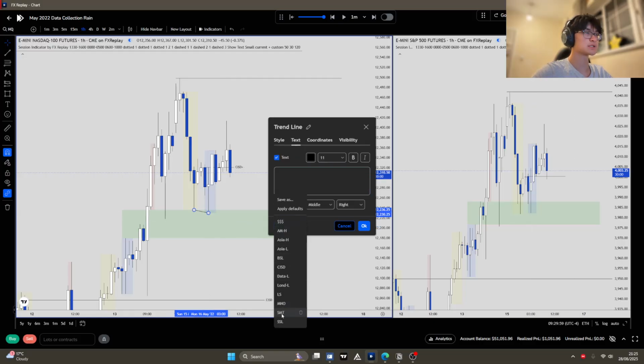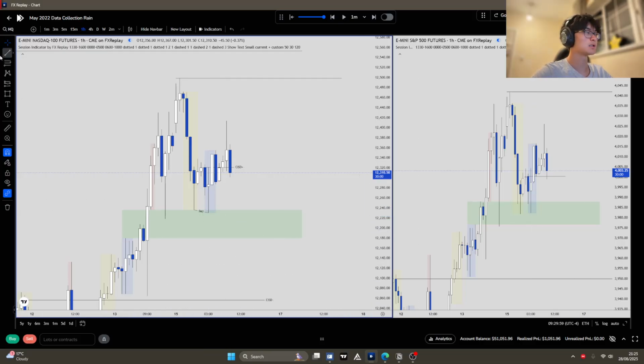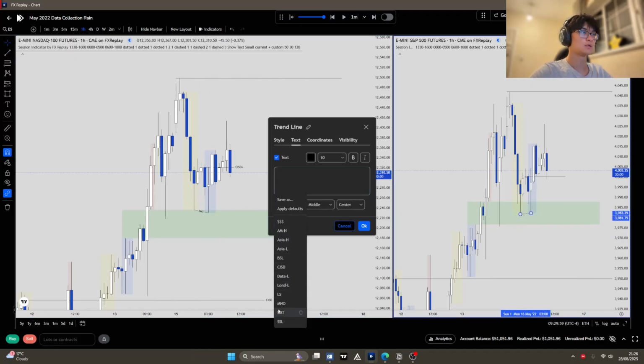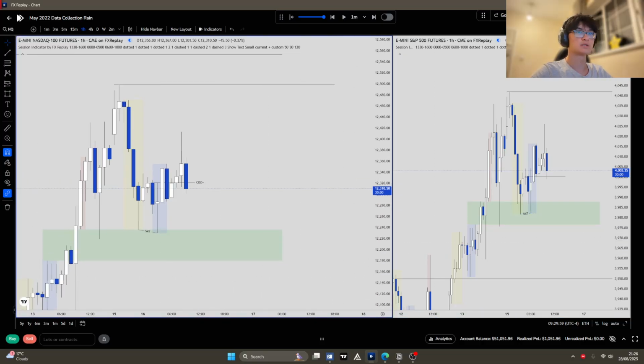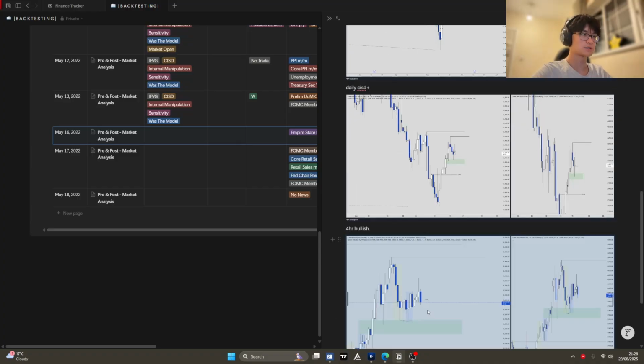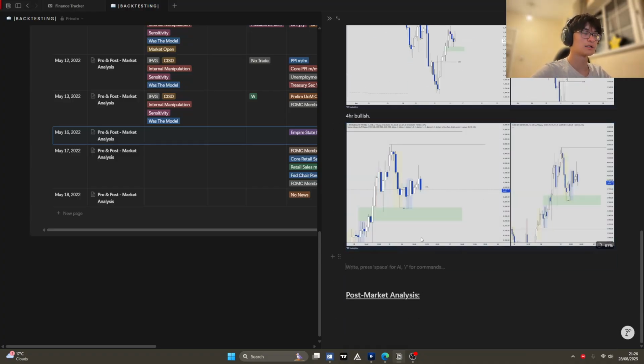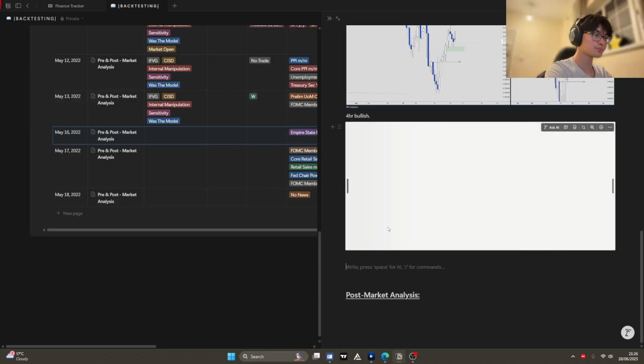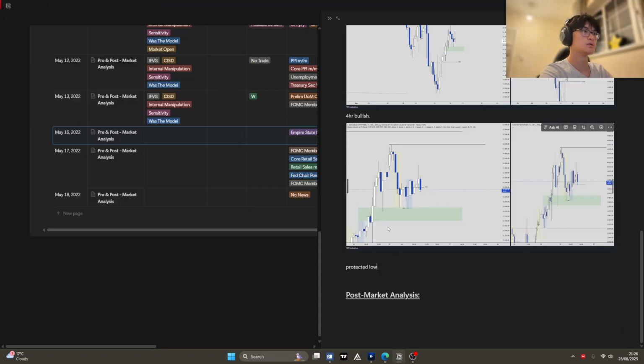So yeah, this is a protected low. I don't really want to see that low get taken out, because then we no longer support that bullish idea. Protected lows from the SMT.